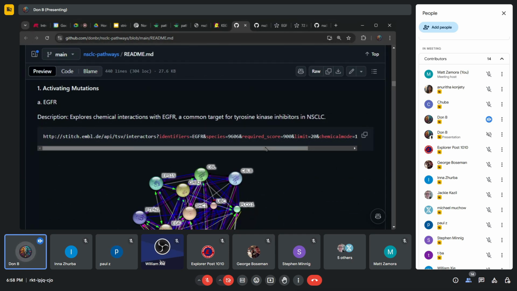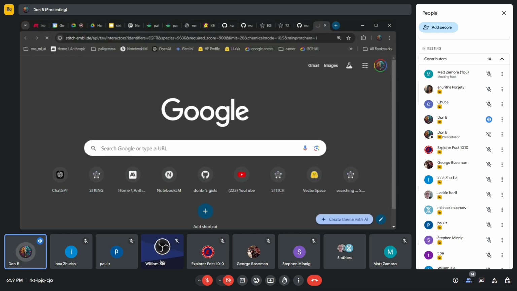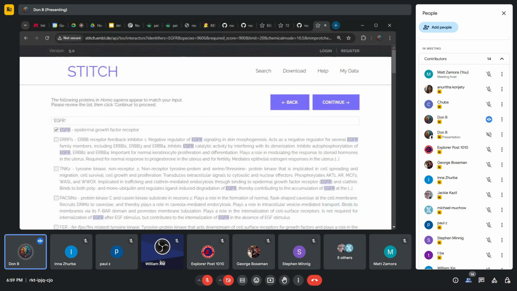So if you're driving this off of the GitHub site, I didn't create it as a link, but I created it so it was easy to copy. What this will do is launch Stitch with some key context.